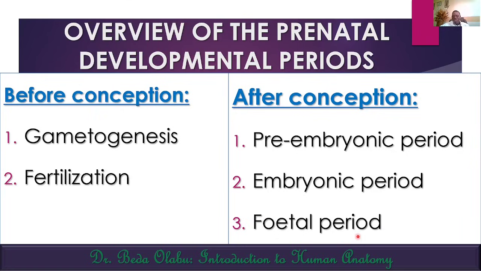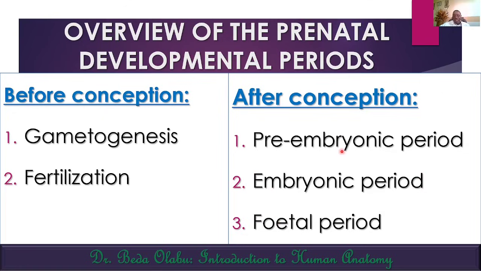The fetal period of development is largely a period of maturation of body organs. The body organs mature. But it is also largely the period of ossification. Ossification is basically formation of bones. The bones don't particularly form during this period, but they form largely in this period, most of them.